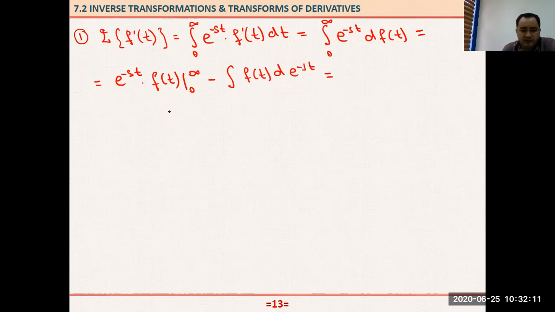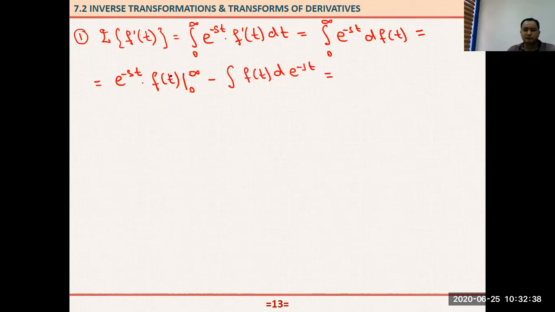Now we are using the second part of the theorem, and we are assuming that f of t is of exponential order. That means that when t is very big, this function grows slower than this function, and that's why when t is very big, e to the power st is much bigger than f.